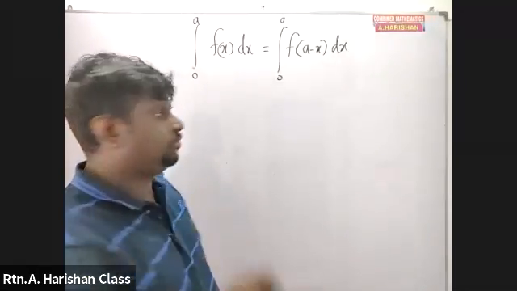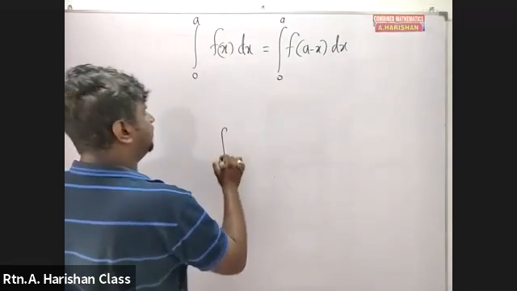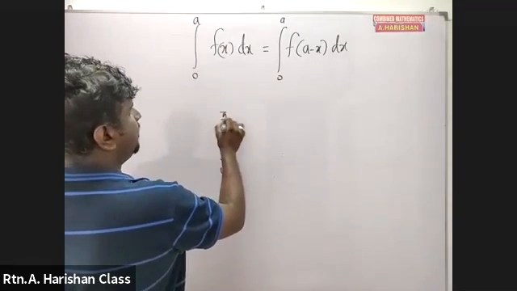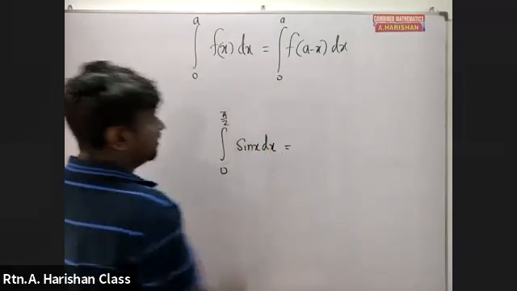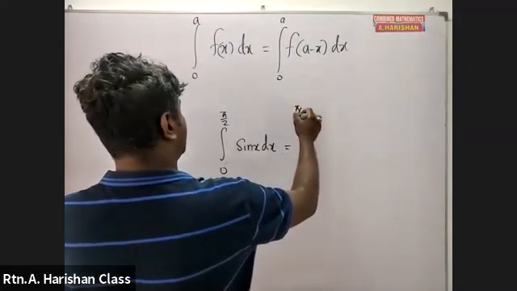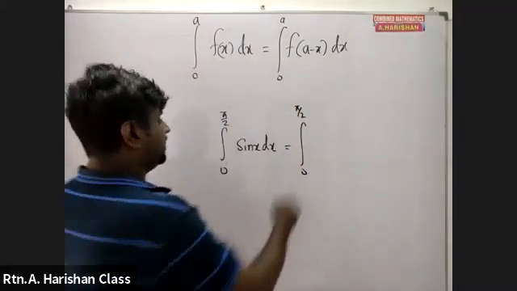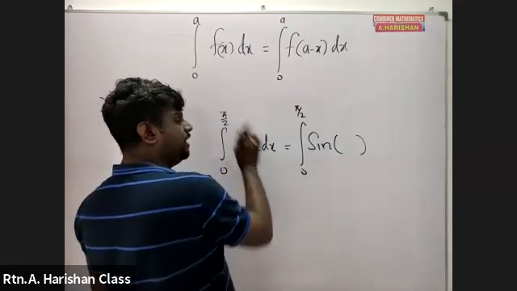So is it true? For an example, before we go to the proof, I'll do one example. Integral from 0 to pi by 2 of sin x dx equals the same integral from 0 to pi by 2 of sine, no problem with the sine. Instead of x, you put pi by 2 minus x.